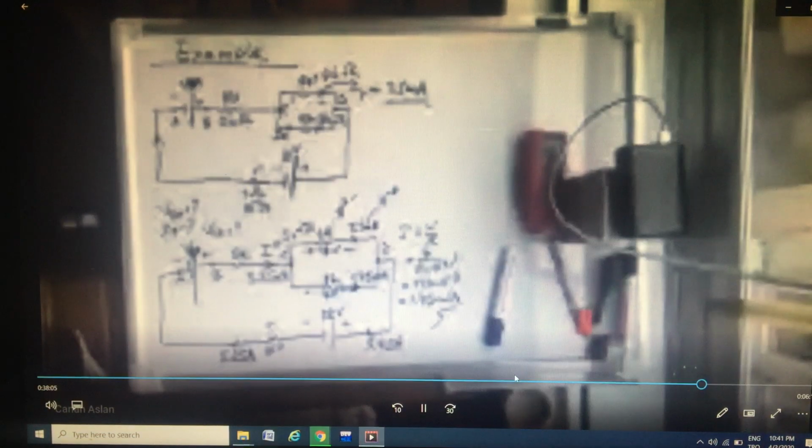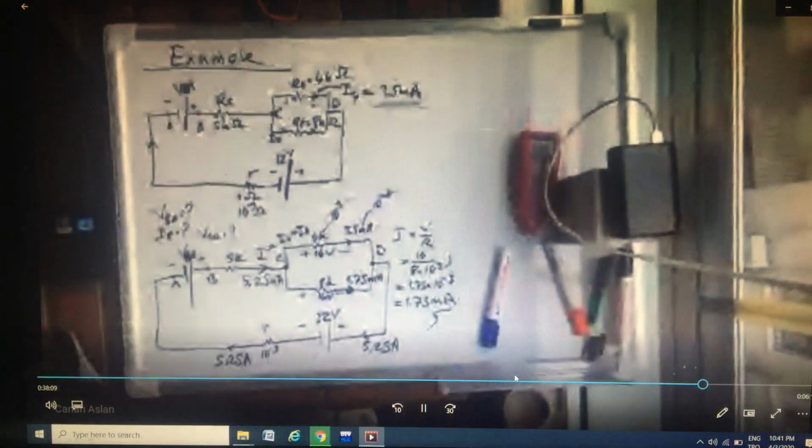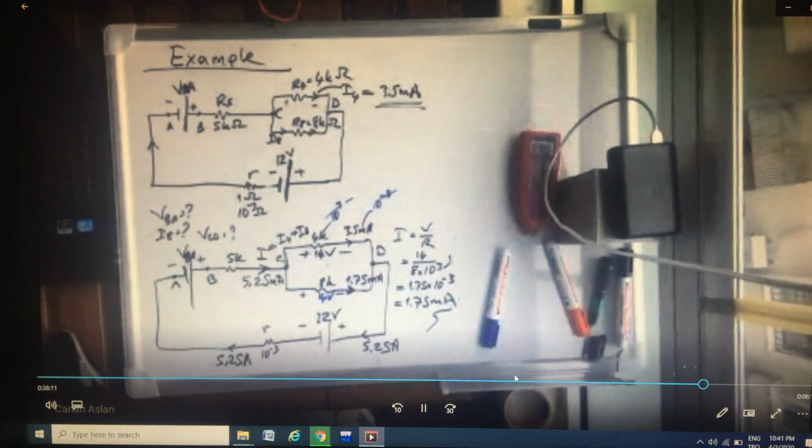VBA, sorry about the connection. I hope that you're also drawing this instead of just watching. So, okay. So now we write one outer loop. Okay, this outer loop here.